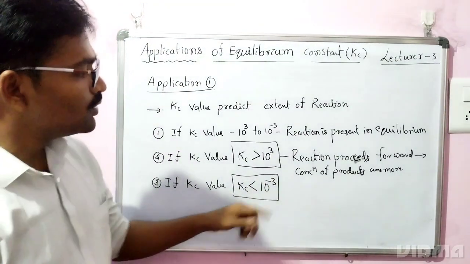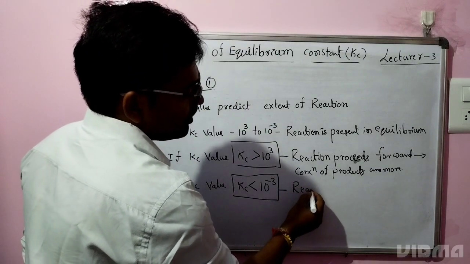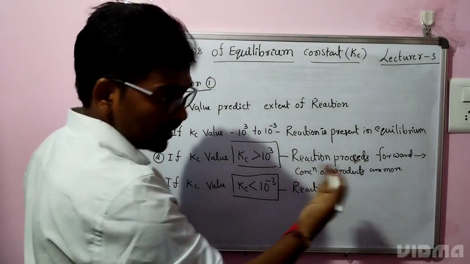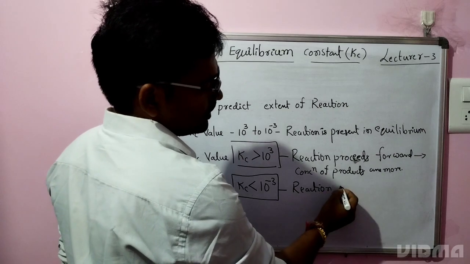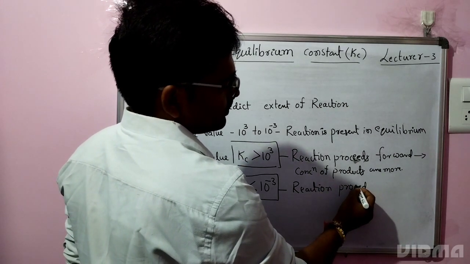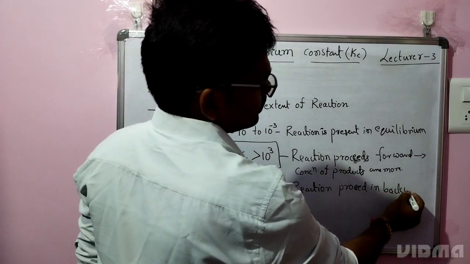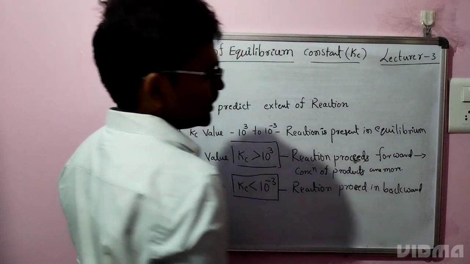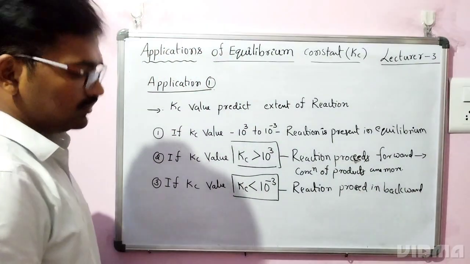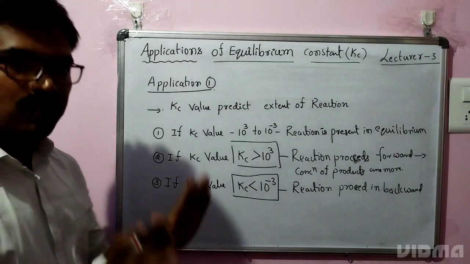So if less than 10 to the power of minus 3, the reaction proceeds in the backward, reverse direction. So these are the first applications.